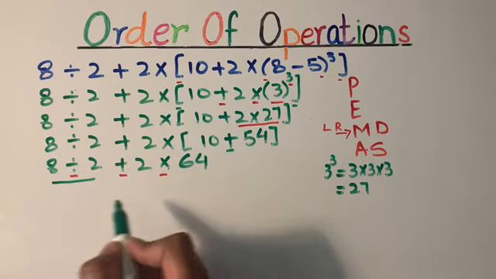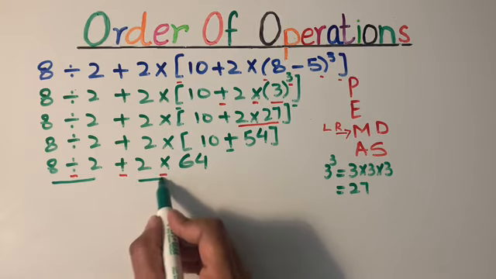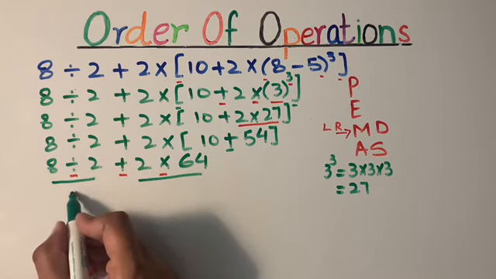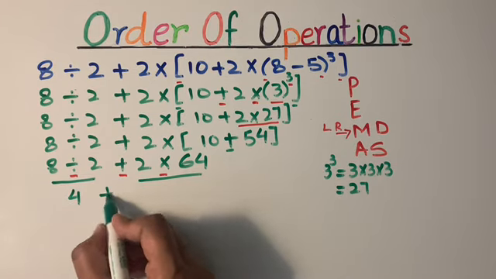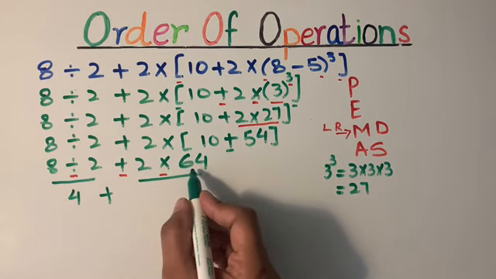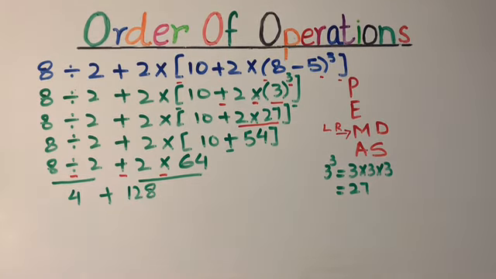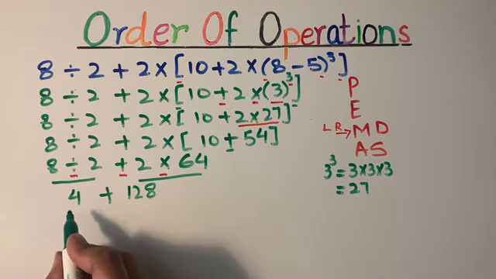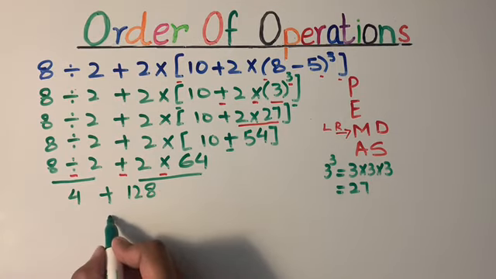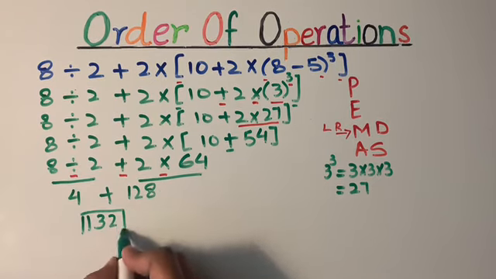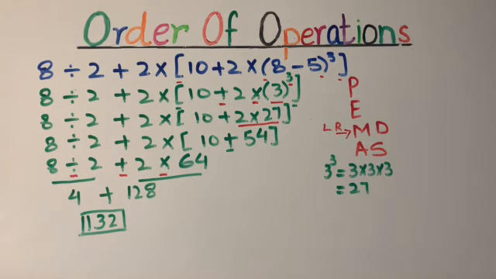So we'll solve this part first, and then this part, and later we'll solve addition. 8 divided by 2 is 4, plus 2 times 64 is 128. Now comes addition's turn, and 4 plus 128 is 132. So 132 is the answer to our equation.